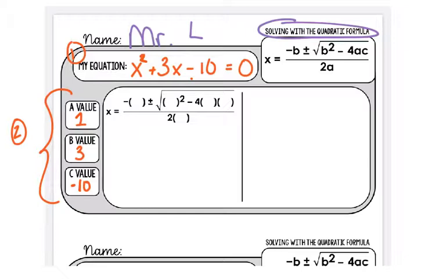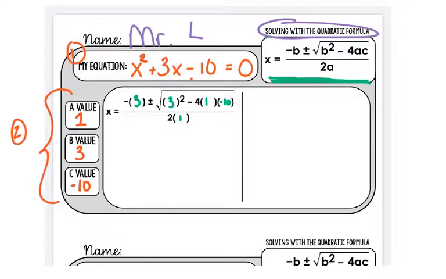Okay? And so then I'm just going to take these values of 1, 3, and negative 10 and replace them in my formula where I have those variables. So I'm going to have negative 3, because that's where B was, plus or minus, and then 3 squared minus 4 times 1 times negative 10, all over 2 times 1.